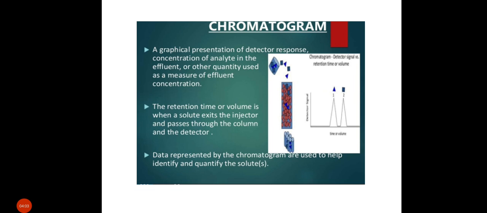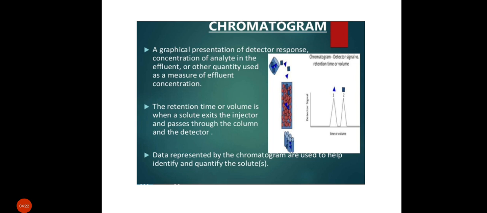Now see what is a chromatogram. A graphical presentation of detector response, concentration of analyte in the effluent or other quantity used as a measure of effluent concentration.